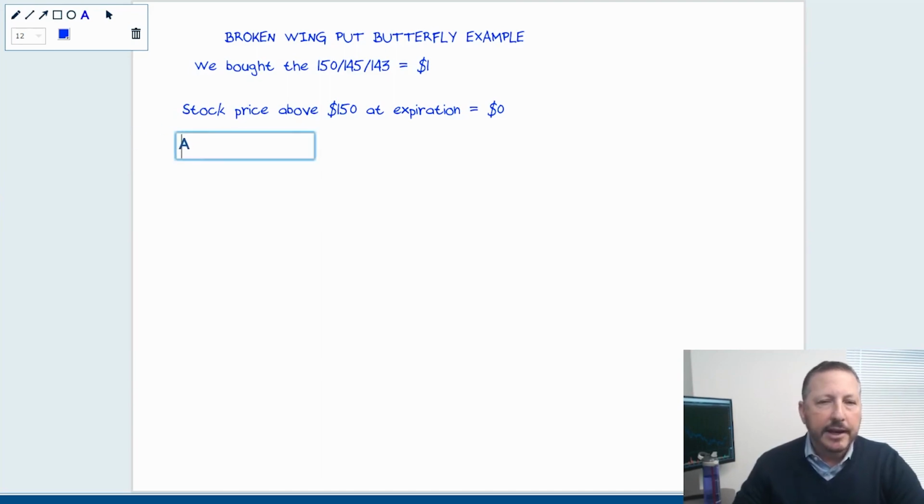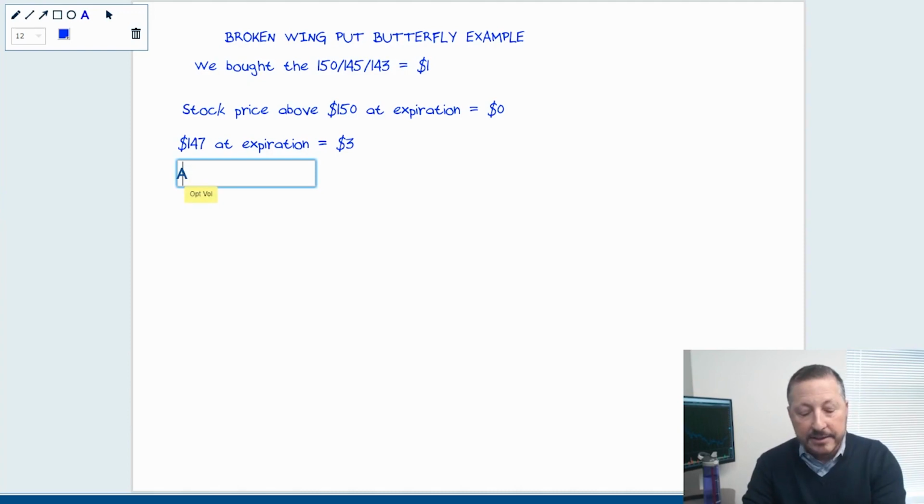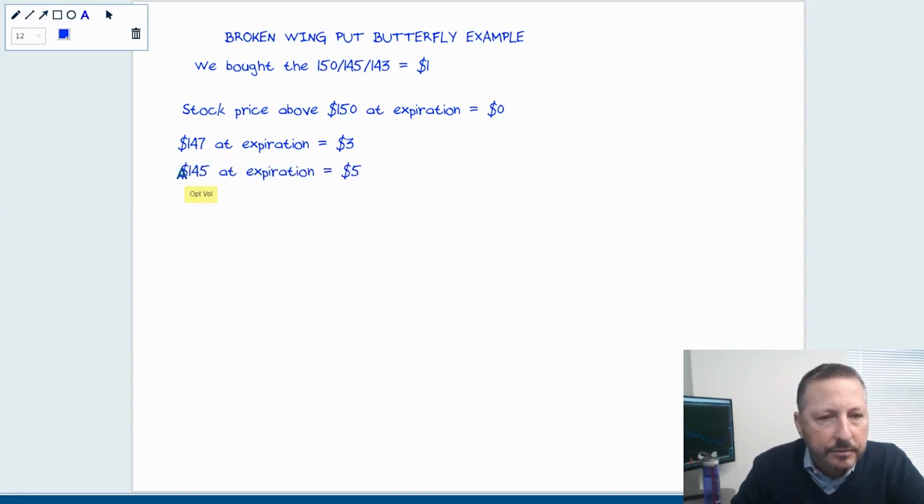Okay, let's say we're at 147. Our long spread's going to be worth $3. Short spread's going to be worth 0. So the value of this butterfly will be worth $3. What you'll see here is the max is still going to be at the short strike. So at 145 at expiration, it's worth $5.